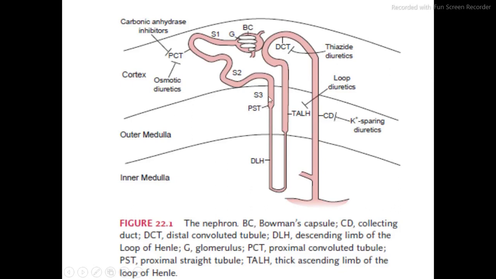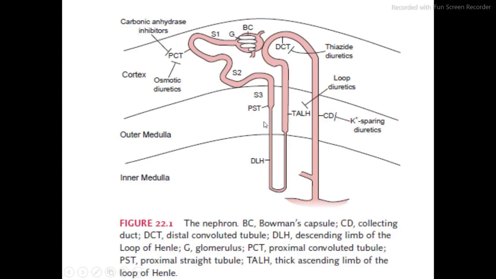Around 65 to 70% water and sodium chloride and calcium ions, and 80 to 90% bicarbonate and phosphate, 100% glucose, amino acid, vitamin and proteins are reabsorbed from the glomerular filtrate. So this is the reabsorption of these ions at the PST phase.